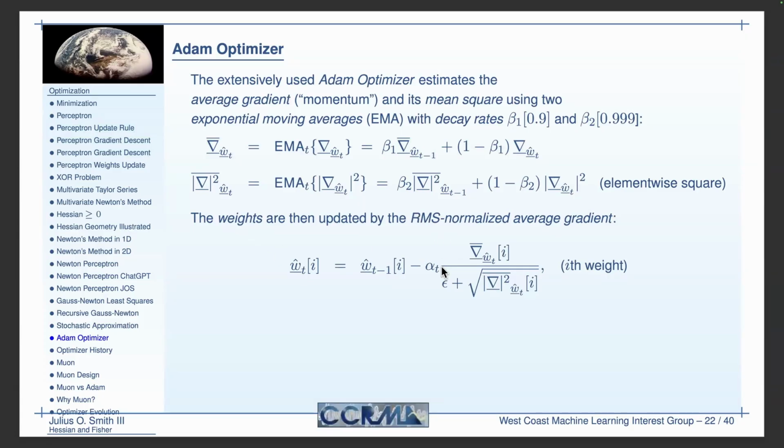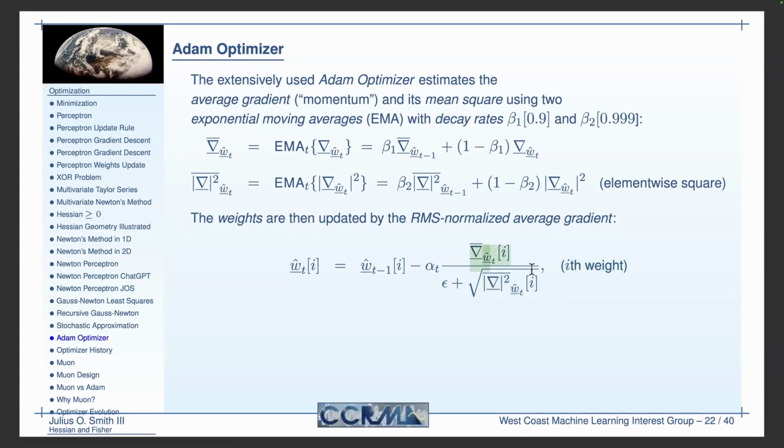So your weight is updated by the gradient divided by an epsilon in case it's 0, plus the square root of the element by element squared gradient. So this is an update for the ith element of the weight at time t. This is only one weight at a time because this normalization is different for every weight component.